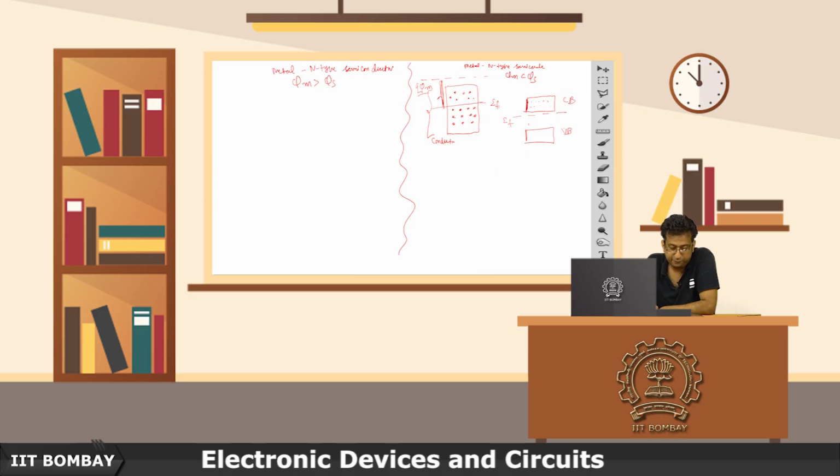And what will happen if we fuse that together? Fermi energy levels will align. So it will be something like this. This is, let's say, the Fermi energy level for both the cases. This would be the conduction band, this would be the valence band.